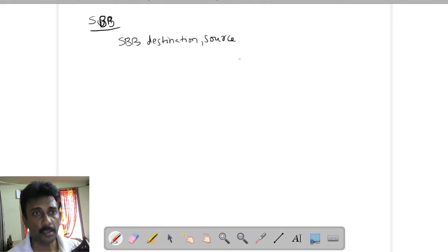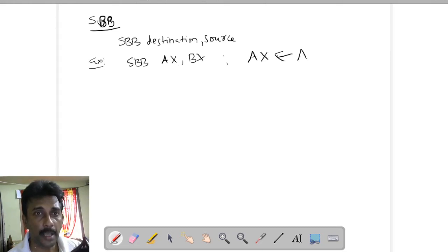The source is subtracted from the destination, minus the borrow also. Let us take an example. SBB AX comma BX. If you write like this, it indicates that AX is updated as AX minus BX minus 1.